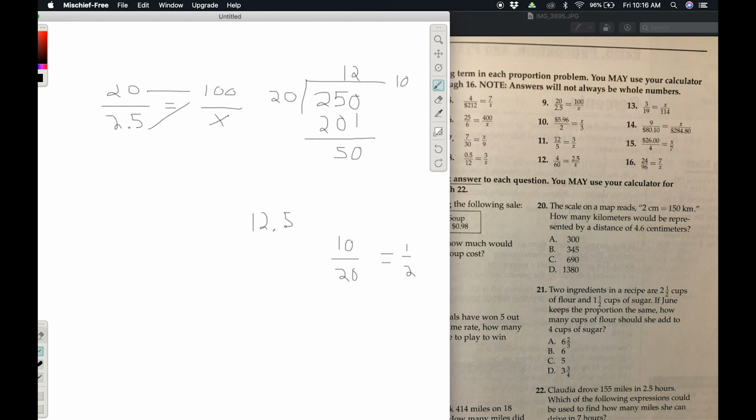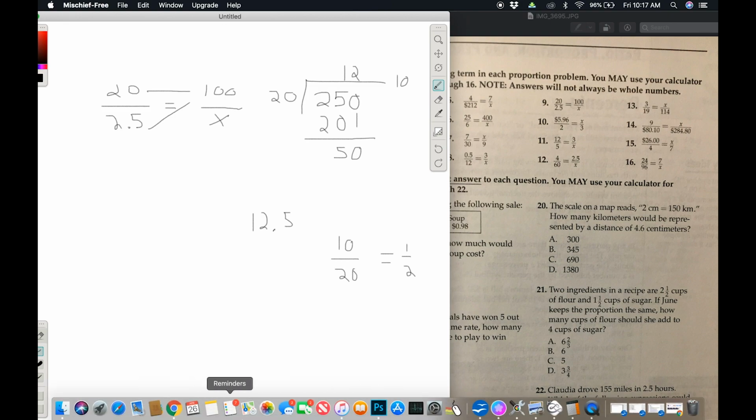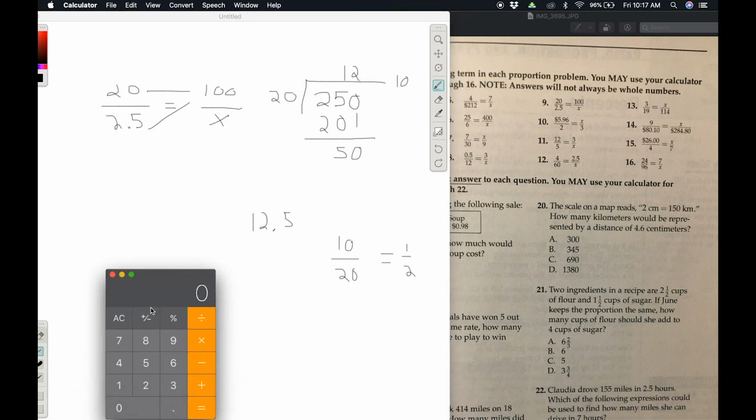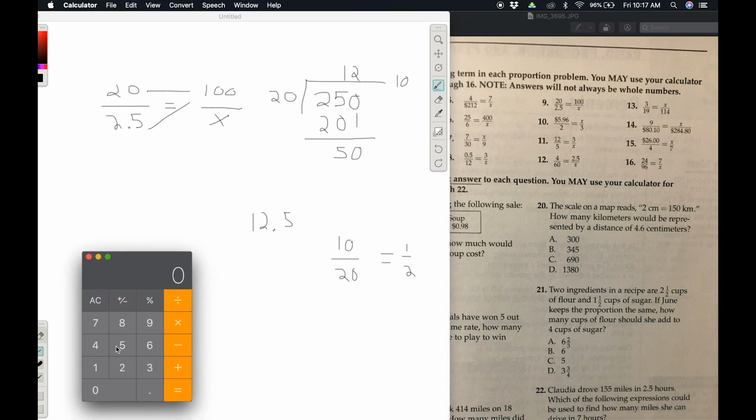I'm actually looking at my answers because I did these problems before and I got a different answer, so let me just see if I missed a step here. Okay, so 2.5 times 100 equals 250. 150 divided by 20 equals 12.5.